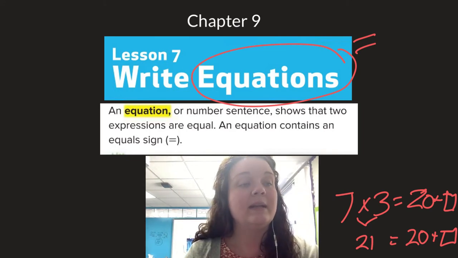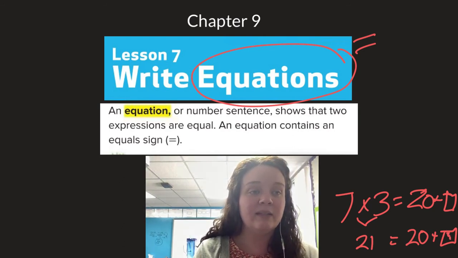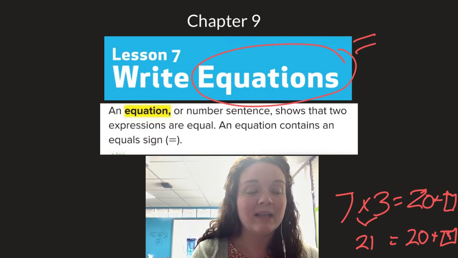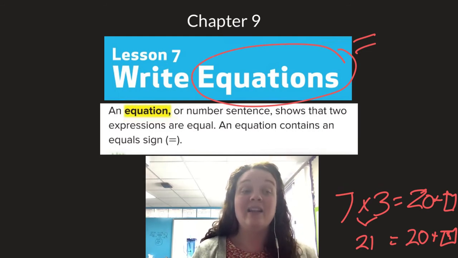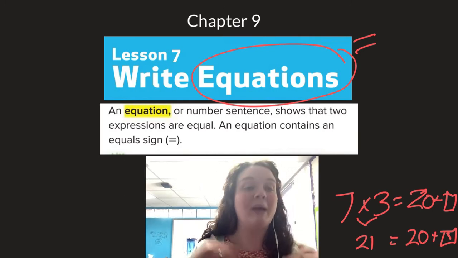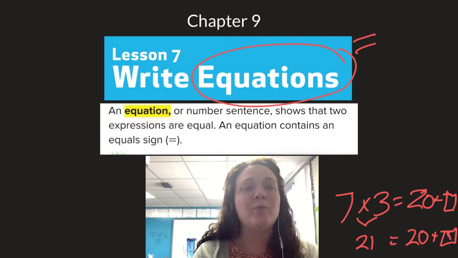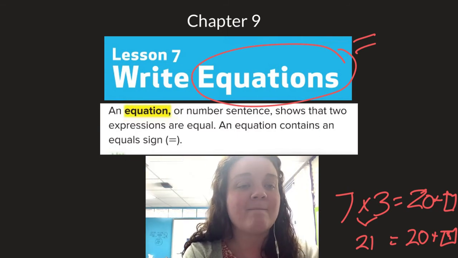So we know that we need to add 1. Right? Our variable is equal to 1 because 20 plus 1 is 21. Then if they both equal 21, we say yes. They balance. They're worth the same on each side. So let's look at writing equations today.